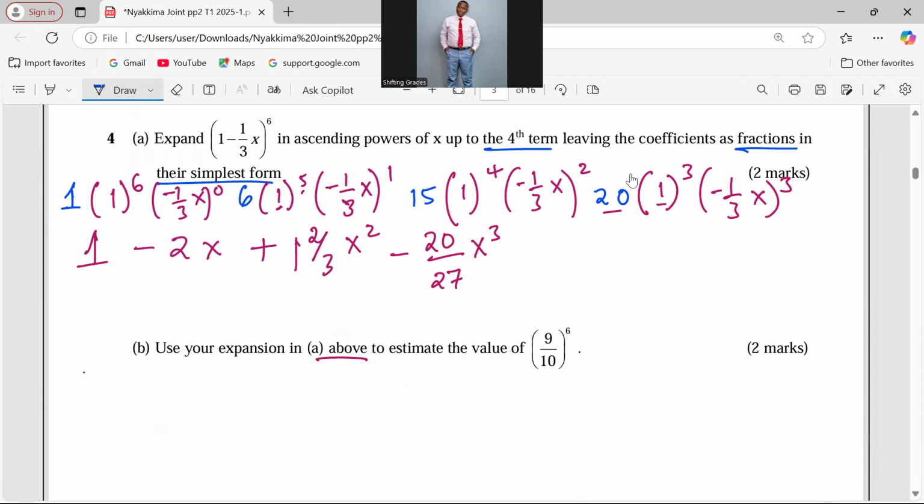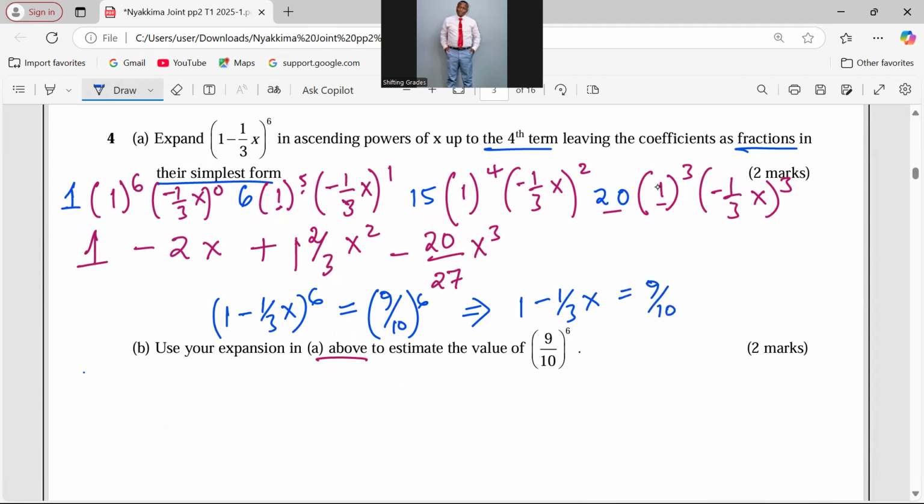We'll be talking about 1 minus a third x to the power 6 equals 9 over 10 to the power 6. So because the powers are the same, we can now equate bases. So 1 minus a third x is equivalent to 9 over 10.